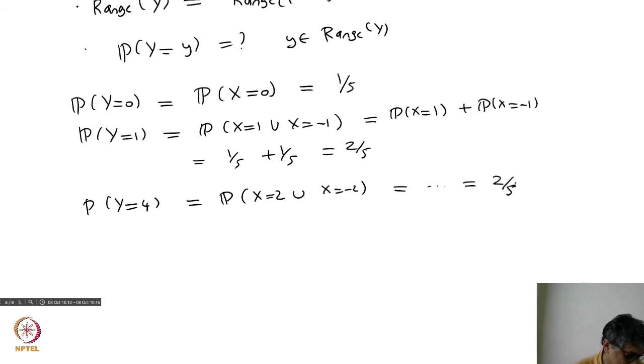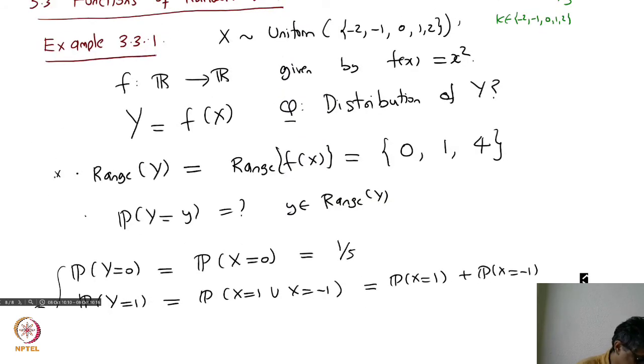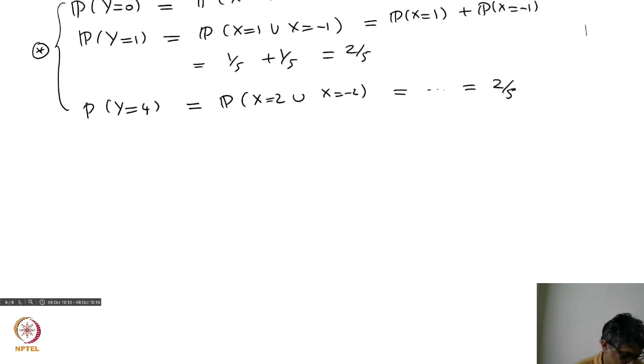Let's call this star and this star prime. So star and star prime give you the distribution of y. The range of y and the probability of how it distributes the weights on the range give you the distribution of y.